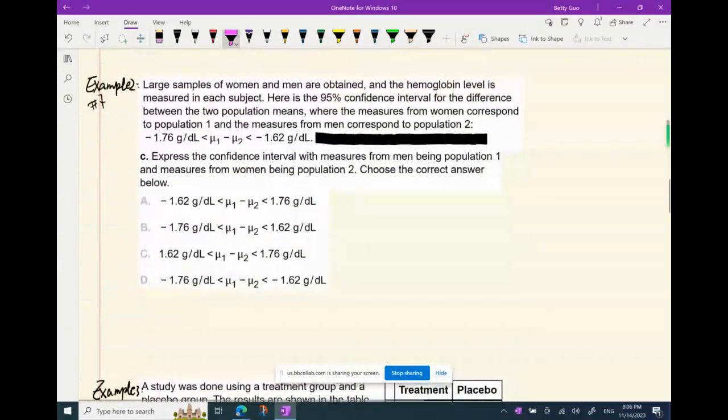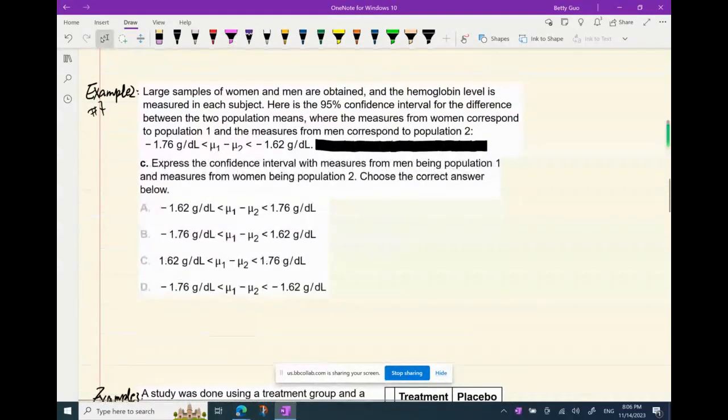Example 2. Large samples of women and men are obtained, and the hemoglobin level is measured in each subject. Here is the 95% confidence interval for the difference between the two population means, where the measures from women correspond to population 1.